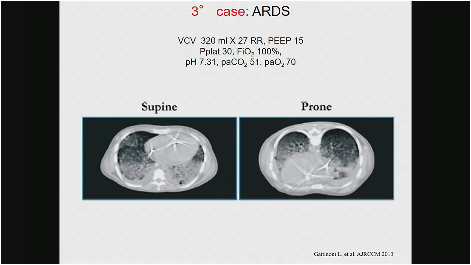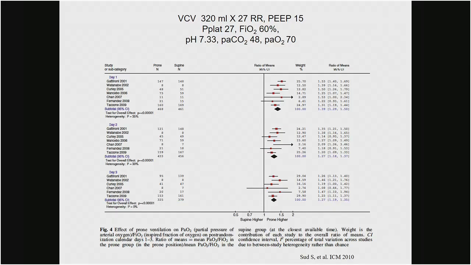So if you go to the next slide, you see that in several studies, prone position has been shown to effectively increase oxygenation. And we know now that it also improves survival, after the paper published by Claude Guérin a number of years ago in the New England Journal of Medicine.